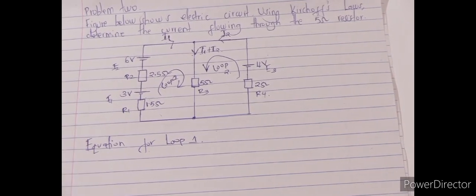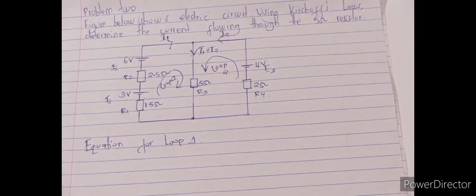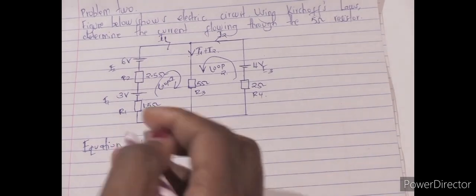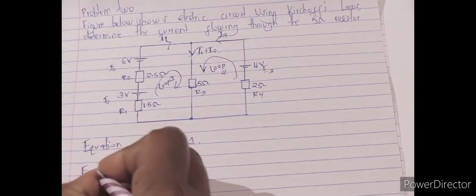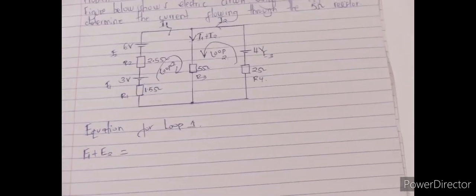But in our case, they are in a clockwise direction. Therefore, we are going to have E1 plus E2.